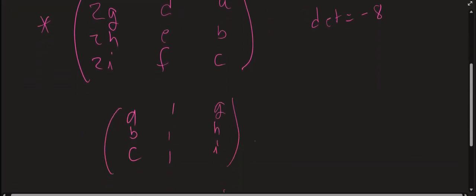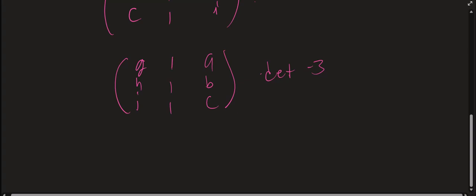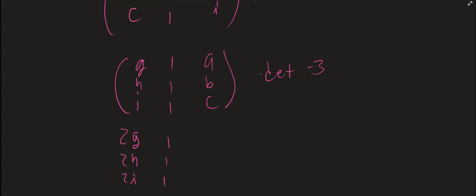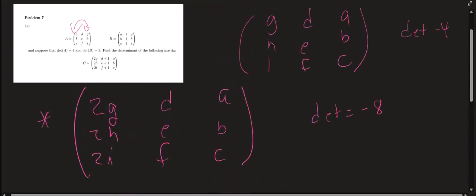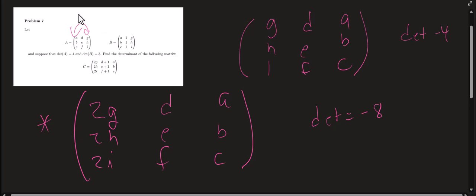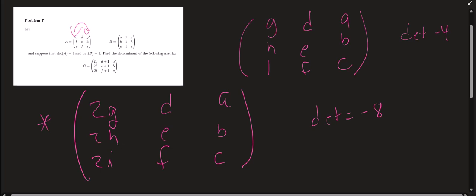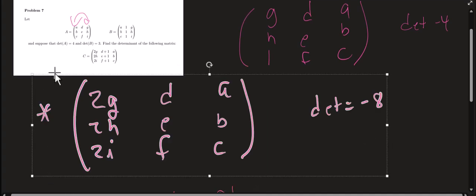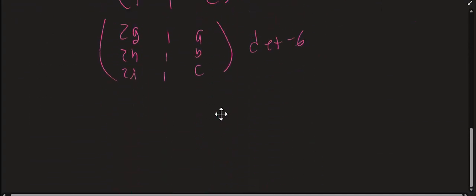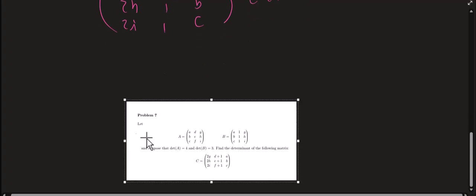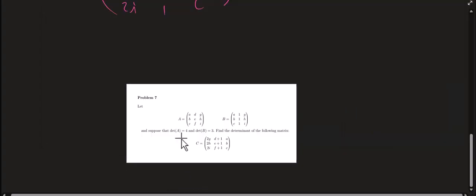I am now going to multiply its first row by 2. So this now has determinant -6. So now I have, that's not what I meant.